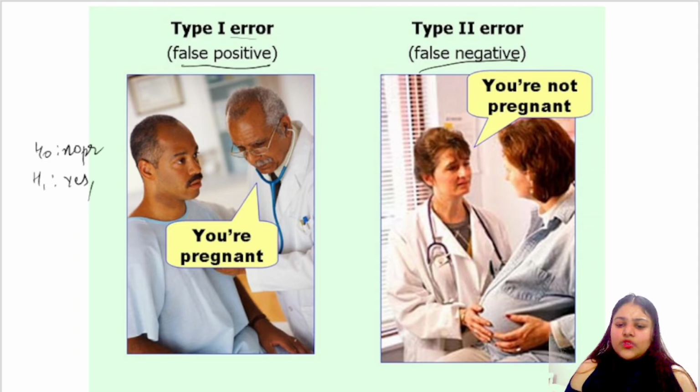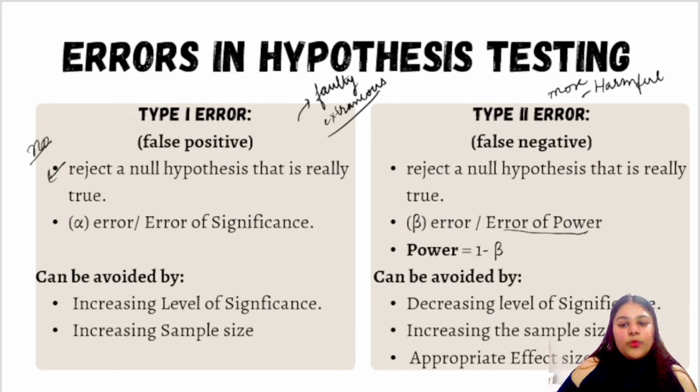Now there were two terms that we specifically talked about in these two errors. In type 1 error we talked about error of significance, and in type 2 error we talked about error of power. Let us go ahead by understanding these two terms first of all.